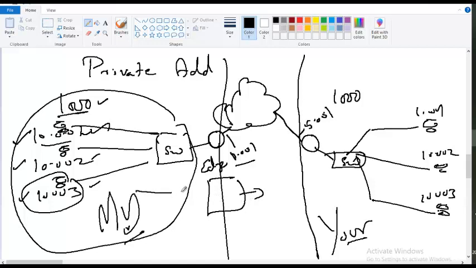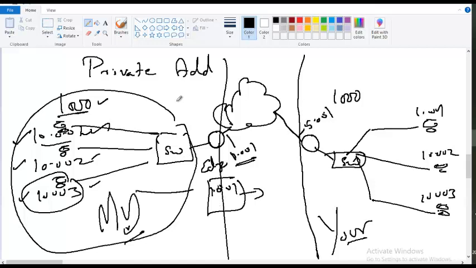Up to here, it will look like I'm coming from 10.0.0.3. But when it leaves the network, it will go with this ID, 1.0.0.1.